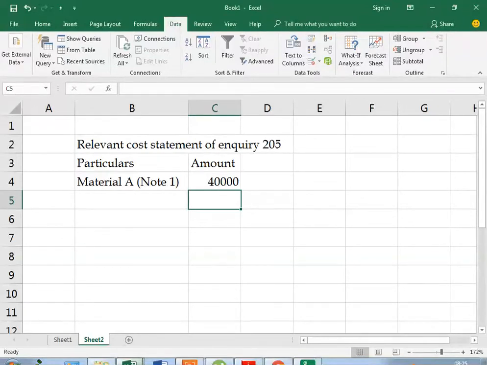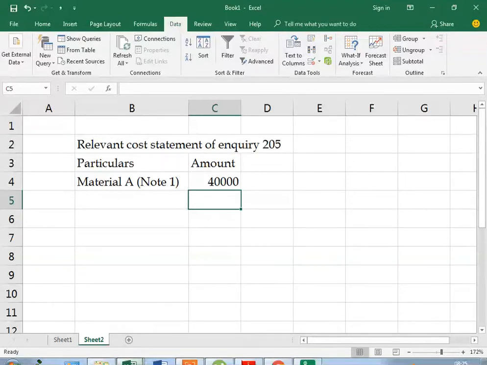Full stop. The relevant cost therefore is replacement cost.